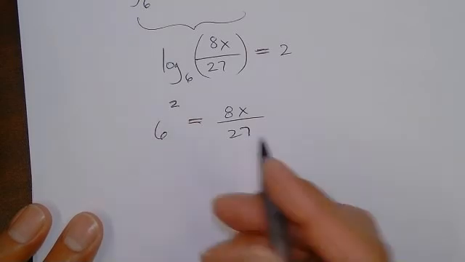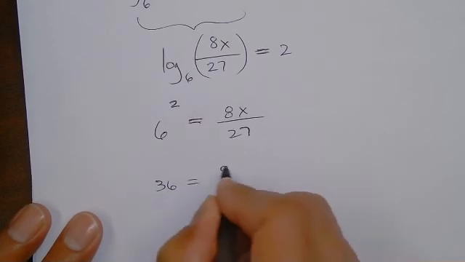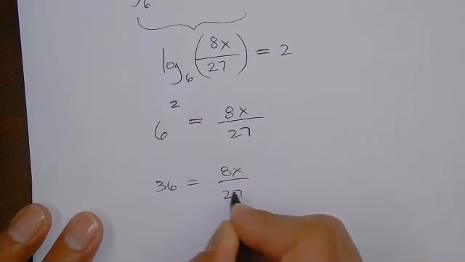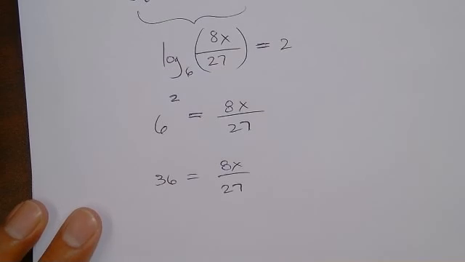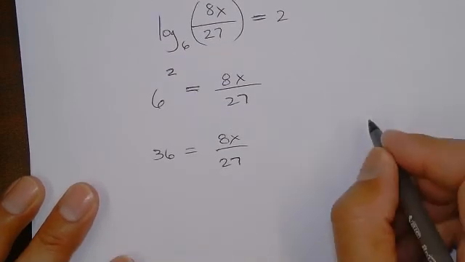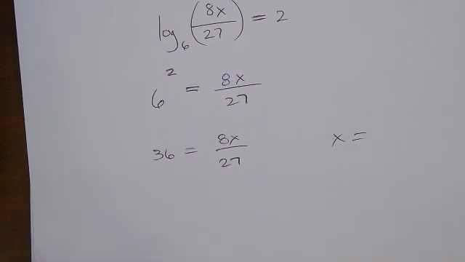We're going to get some big numbers here, huh? 6 to the power of 2 is not 12. 36 is equal to 8x over 27. Go ahead and get your answer. I'm going to write mine, okay?